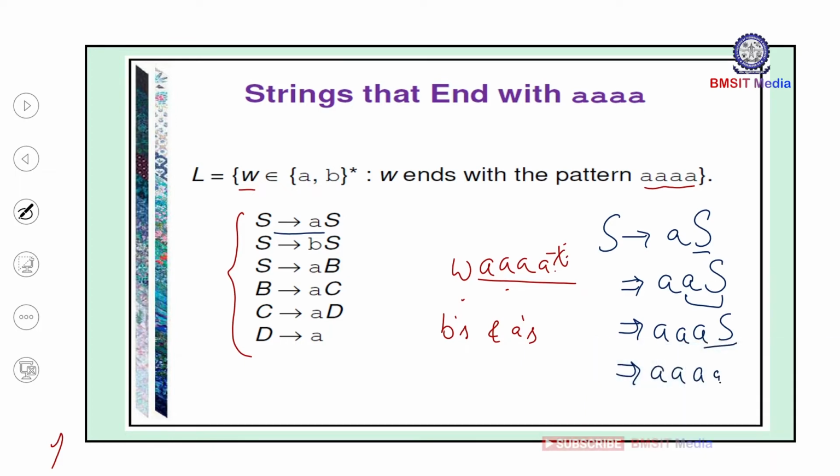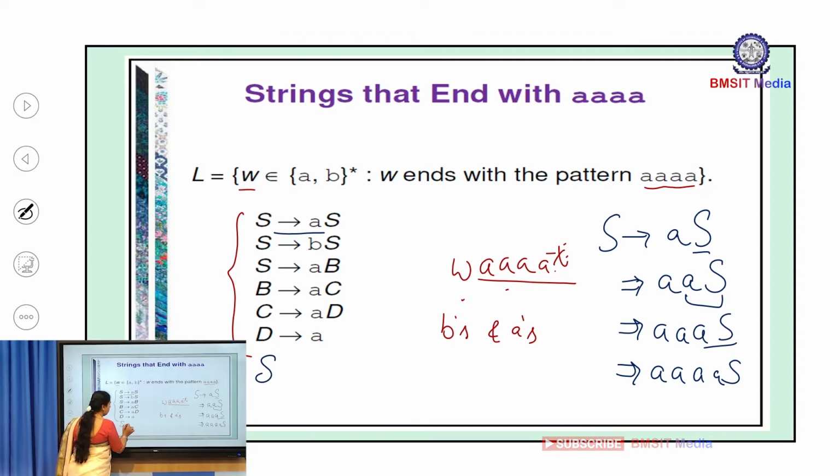Okay, and so on. Got it? So now I cannot have a production something like this. If at all I introduced S tends to epsilon, then the moment I replace S with epsilon, definitely I have obtained my string, that is a string of length 4, 4A, ending with 4A, but it means that nothing is also accepted.